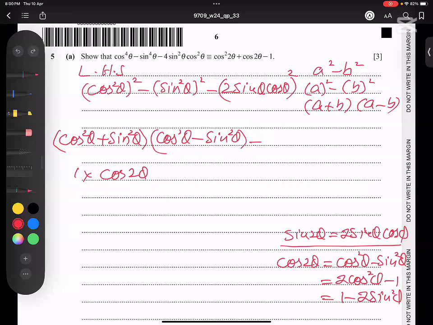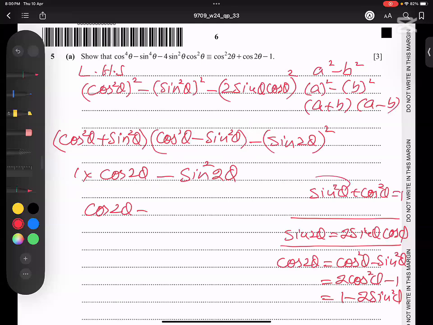And this I'm writing as sine double theta and whole power 2. So this is 1 and this is done. I have it. And minus sine square double theta. This is cos double theta. And sine square formula, the basic formula of trigonometry at AS level: sine square theta plus cos square theta is 1.